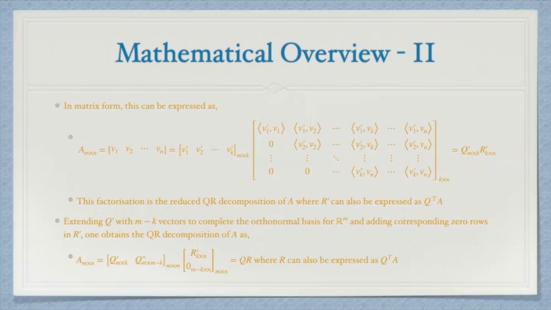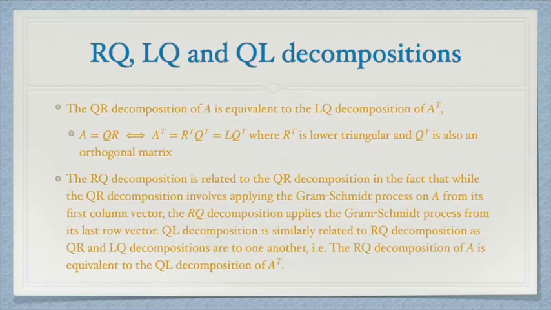From here, one obtains the QR decomposition of A as QR, where Q is an n cross m square matrix and R is an upper triangular m cross n matrix. Further, similar to R dash, we can also express R as Q transpose A.